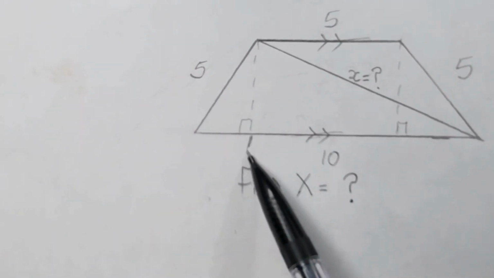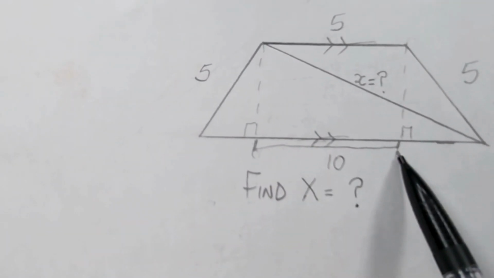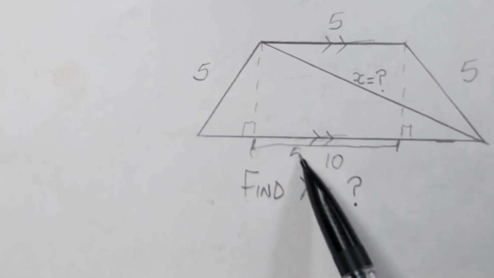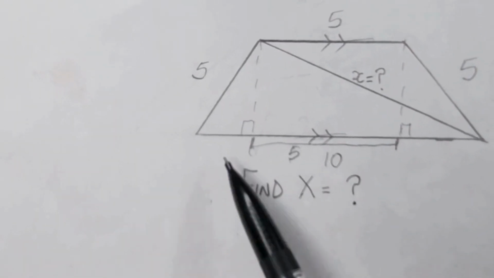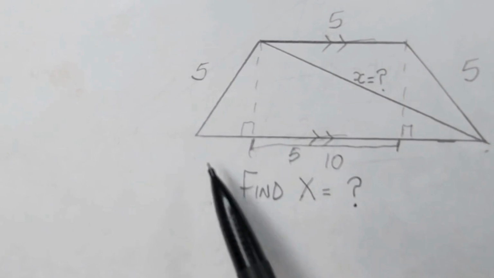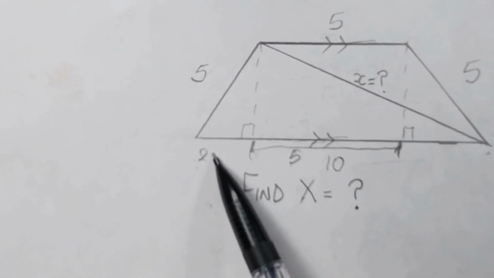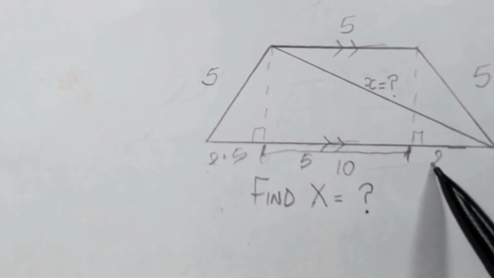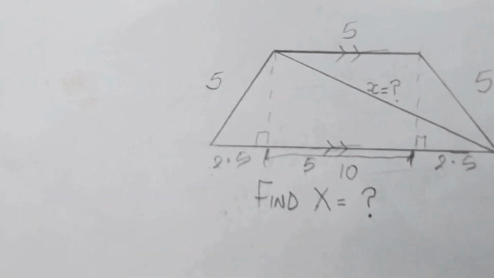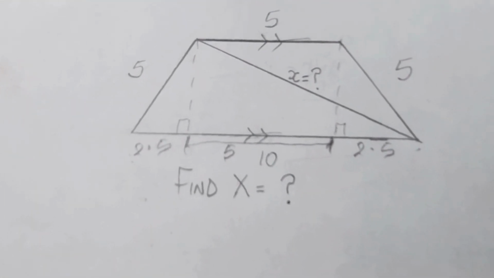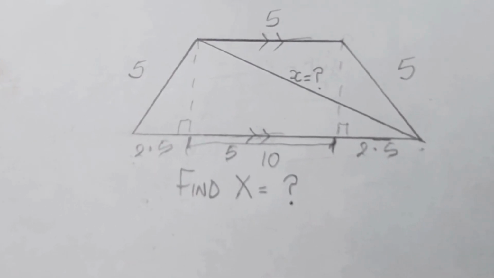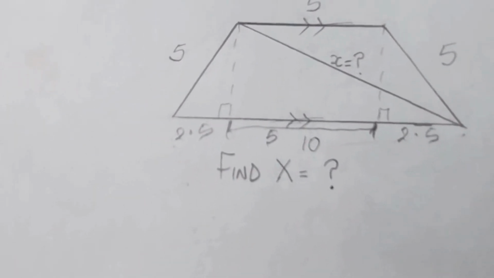That means from here to here is 5, so this whole length is 10, right? And then here to here is 5. That means this is 2.5 and this is 2.5. So now we have something to work with. Let's start solving.